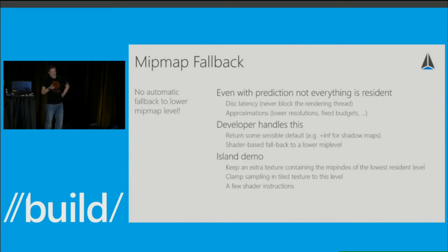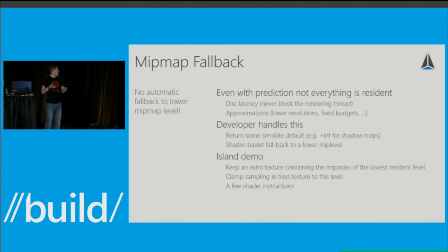So the developer has to handle this, and in our case, in the island demo, we handle this by using an extra texture. The texture contains, for every region in the tiled resource, the highest resolution level we have available. And then we use a clamping instruction like Matt described. They have added clamping instructions to the HLSL.